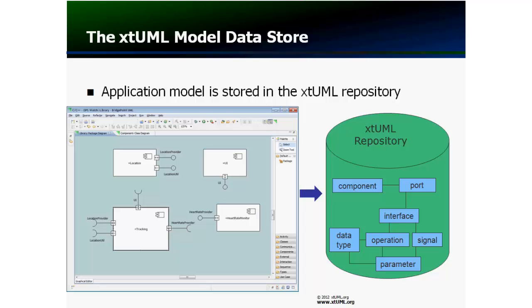Each of these component instances is related to the appropriate number of port instances. For example, there are 2 ports on the location component and 1 port on the UI component. The port instances are related to the appropriate interface instances, and the interface instances are related to message instances, either operations or signals, which are not shown on this diagram. Since the model compiler operates on the repository data, model compiler writers must be very comfortable understanding and navigating the xtUML metamodel.